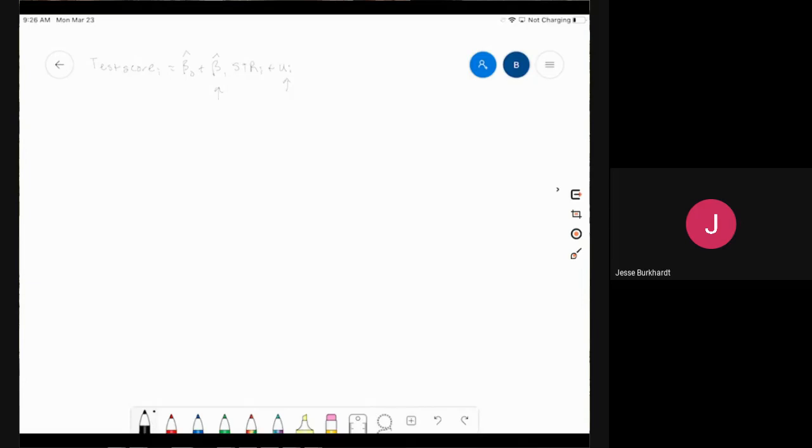So let's write out this relationship. Let's draw this box. We have test scores here. We have class sizes over here. The relationship that we are trying to estimate is this. So student-teacher ratios affect test scores.